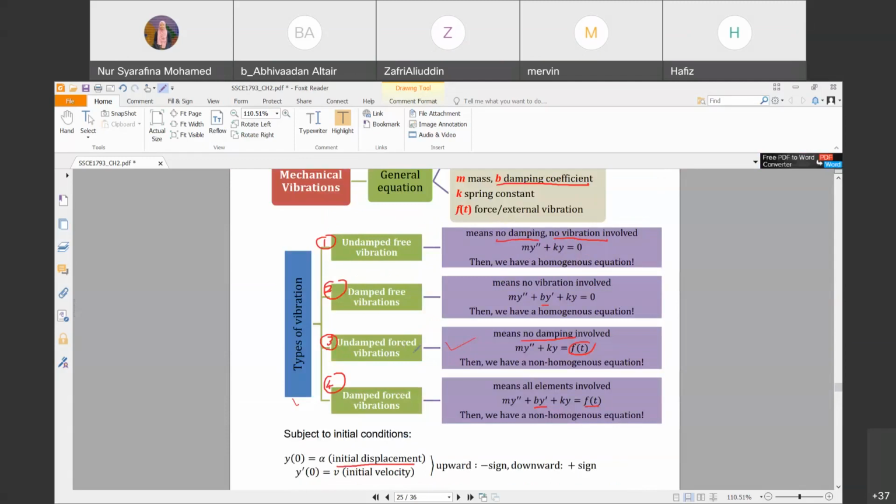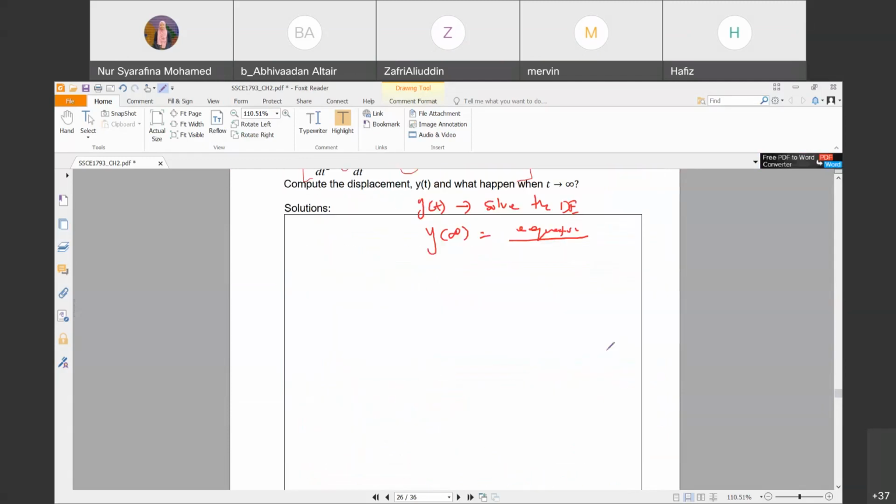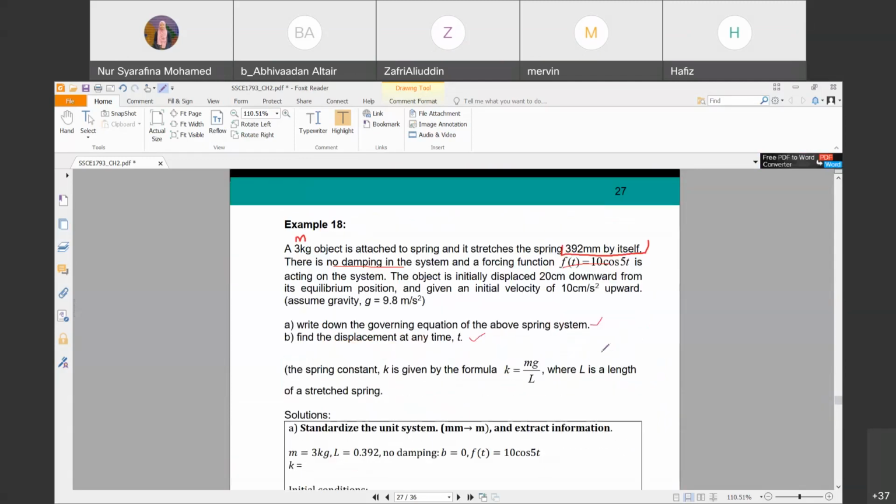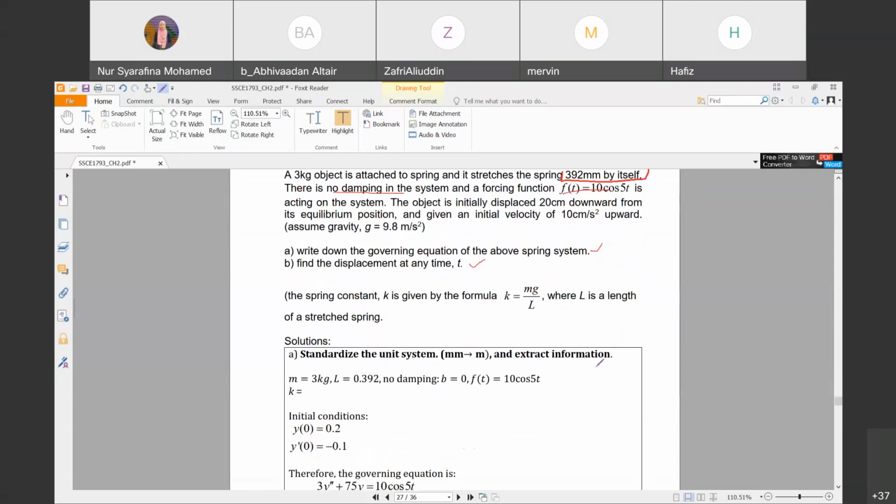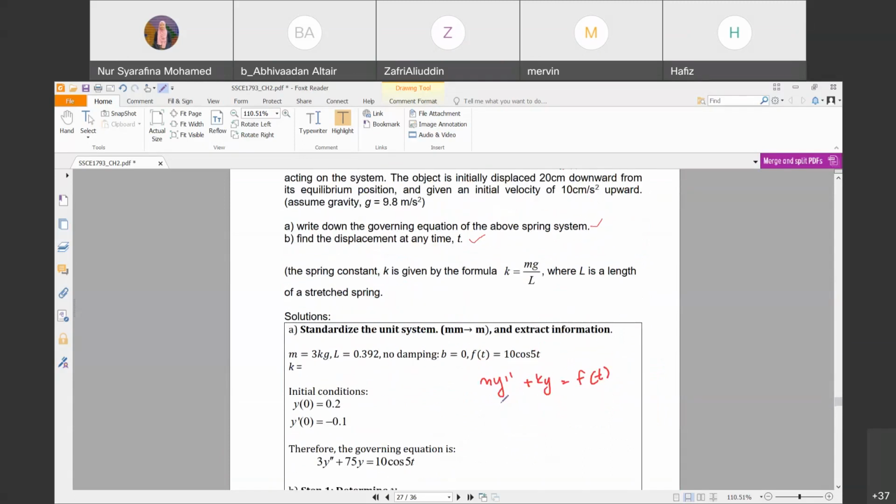Undamped forced vibration, where my'' plus ky equals F(t). So you know that it follows y'' plus ky equals F(t). So what is m? m is 3 kilograms.